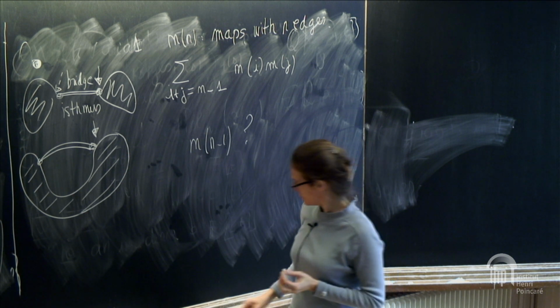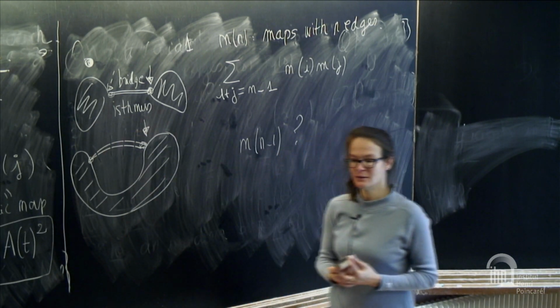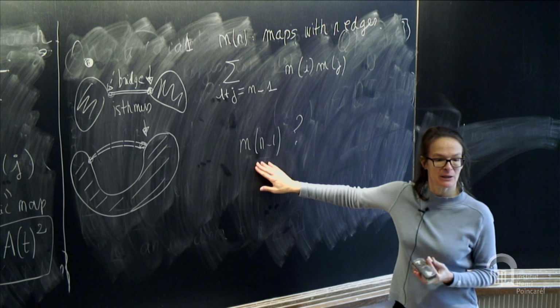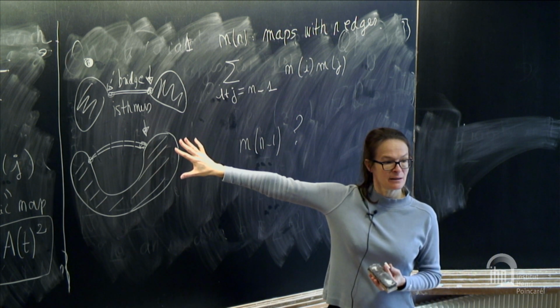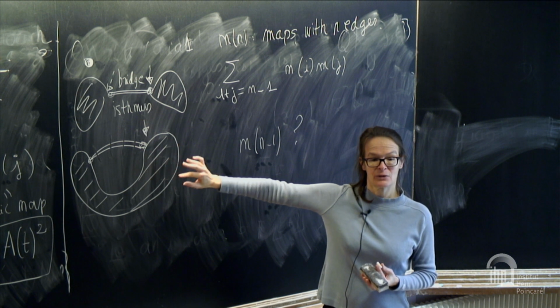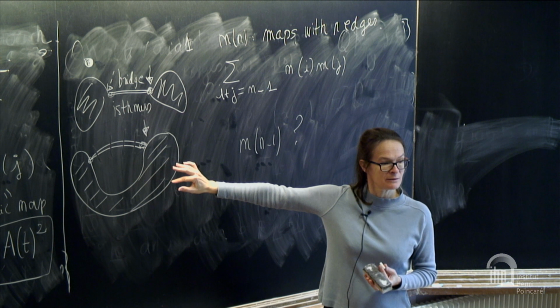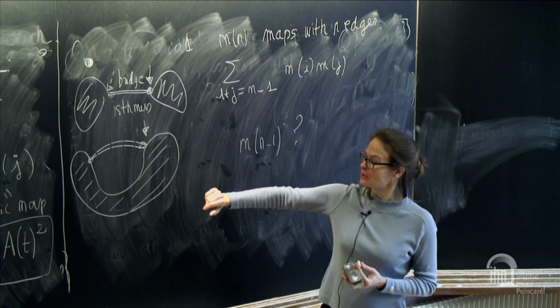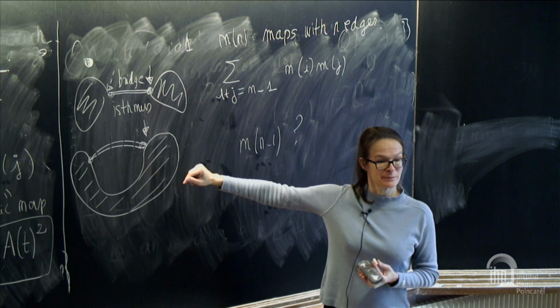So why is that so? When I erase this edge, it's no longer there, and I get a map of size n minus 1. But the problem is that several maps of size n will give the same map of size n minus 1. It's not 1-to-1. And the question is, if it's not 1-to-1, how many to 1?